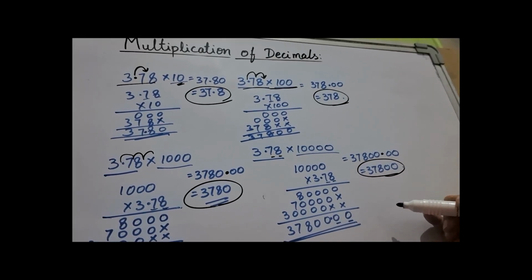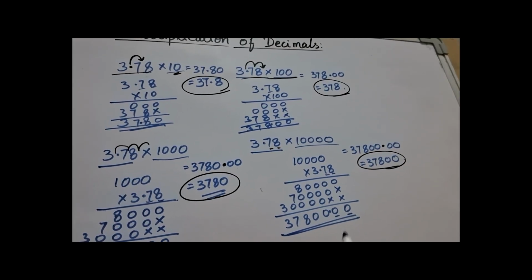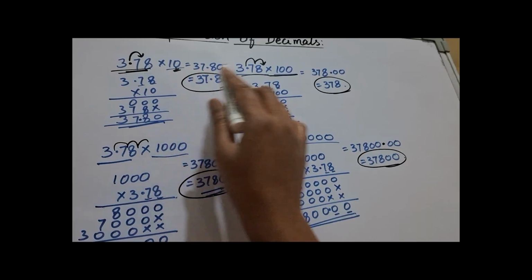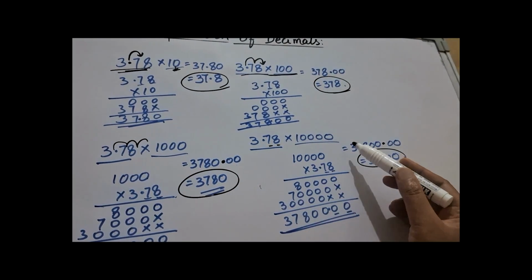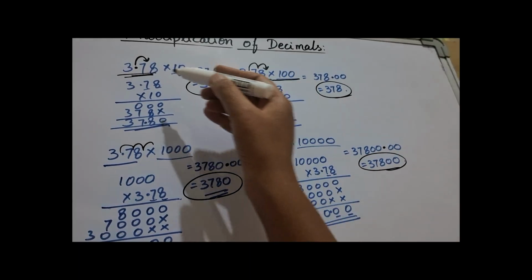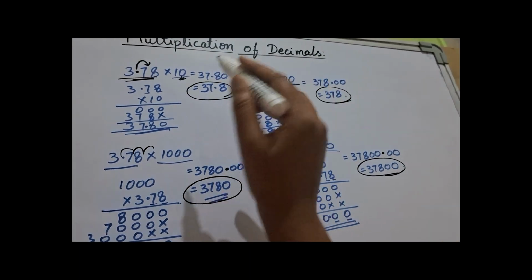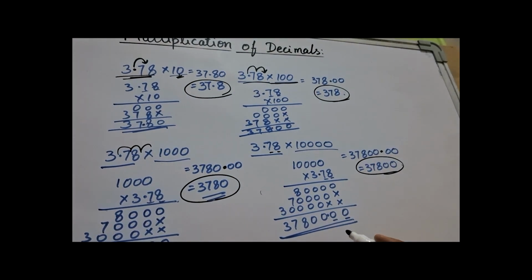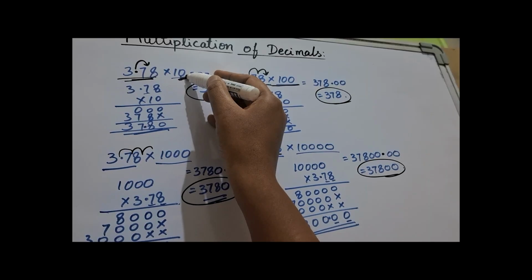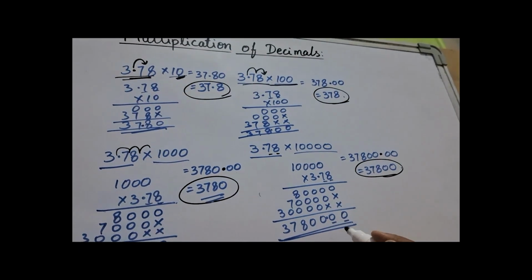So what pattern we observe here is, when any decimal number is multiplied with 10 or 100 or 1000 or 10,000, powers of 10, then the decimal point moves towards the right side, and how many zeros the multiplier has, that many digits it will move on the right side.